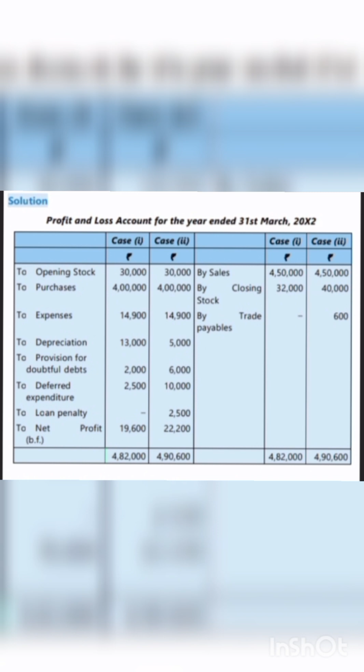So now we will subtract the total of the expense column from income of rupees 4,50,000. 4,50,000 minus 30,000 minus 30,000 minus 4 lakhs minus 14,900 minus 13,000 minus 2,000 minus 2,500 gives a profit of rupees 19,600.